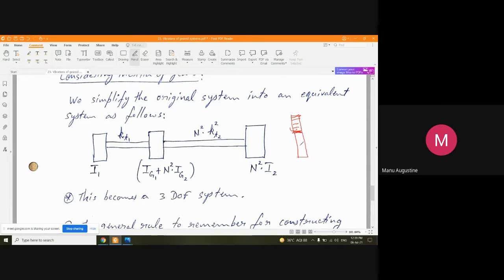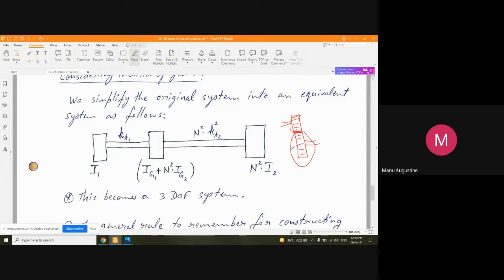What happens when you replace any entity on the driven side? Whenever we replace any entity on the driven side, all that we have to do is multiply the entity with square of n. So if I want to replace this gear, I want to remember that its inertia is not forgotten.